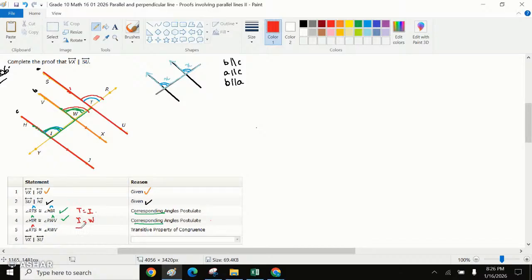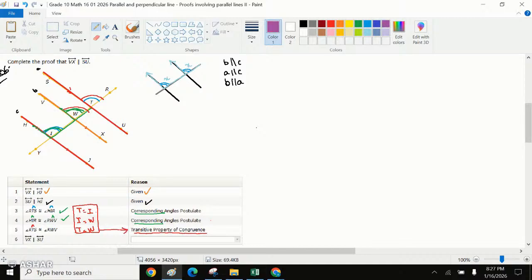Then can we say angle T equals W? Whenever we have a comparison for three angles, we say that it is the transitive property of congruence. Angle T was equal to angle I. If I was equal to angle W, then T and W would also be equal. That is the transitive property.